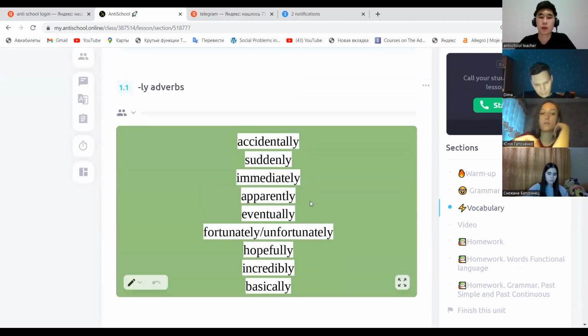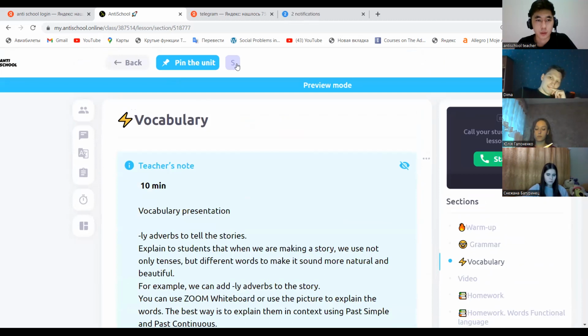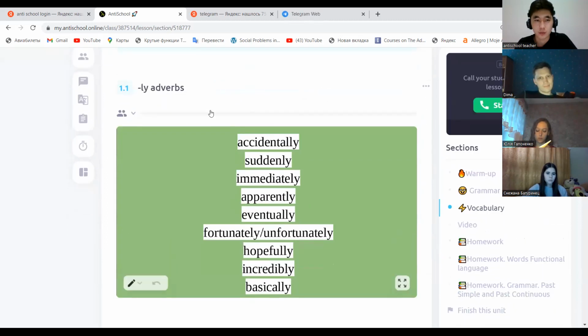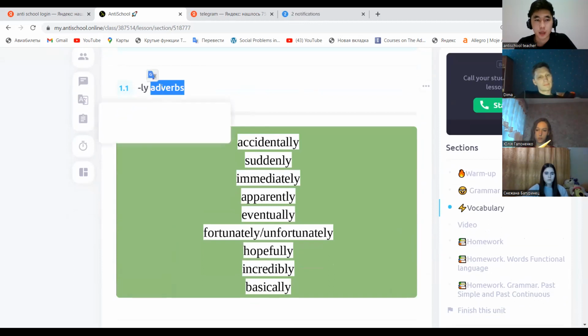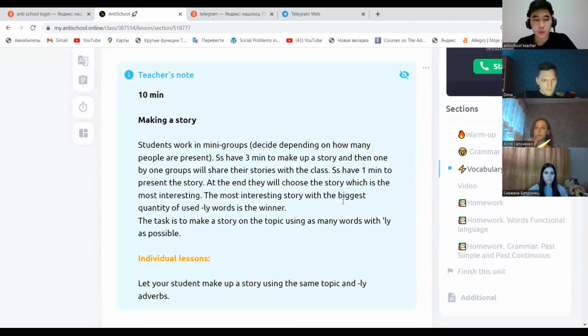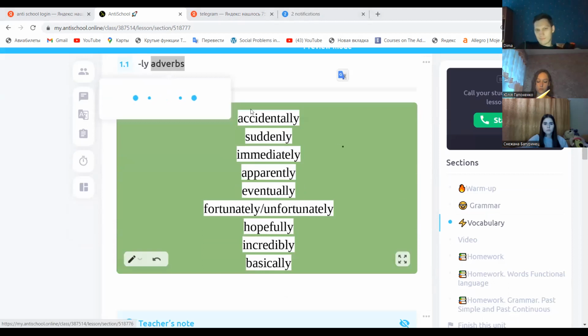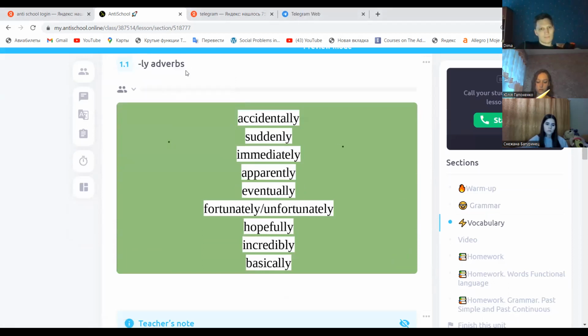And here we have this kind of words. Today's topic is about storytelling, and to make stories, we need to use this kind of words, adverbs. They are very useful to make stories. For example, here. So let's talk about these words.